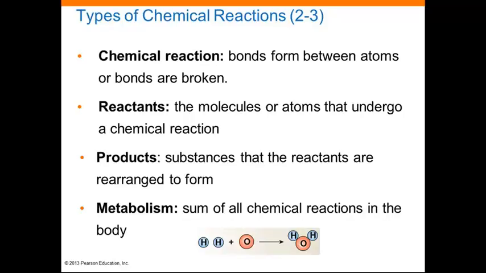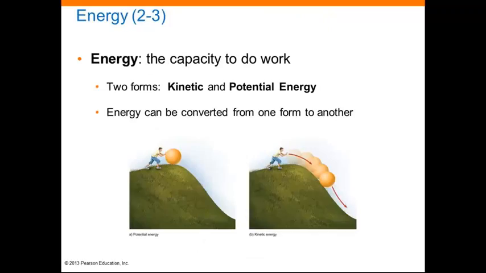Now I used the word energy already, and energy is the capacity to do work. So if you have to define it, energy is the capacity to do work, and energy comes in two different forms: kinetic and potential energy. Kinetic energy is the energy of motion, and potential energy is stored energy.